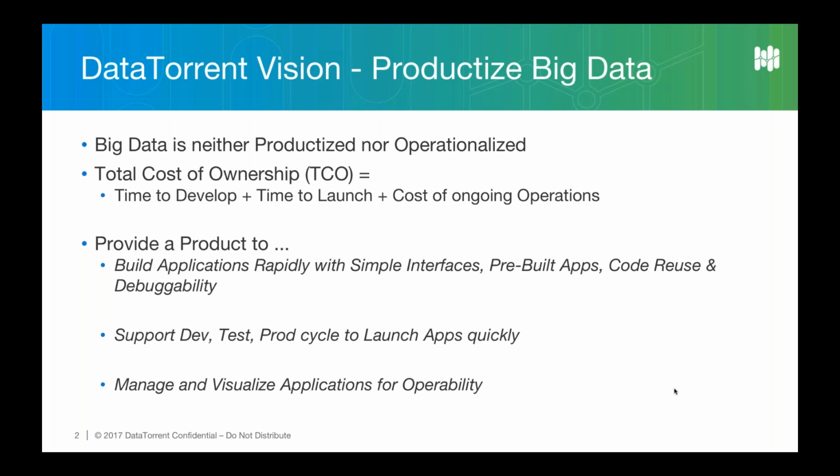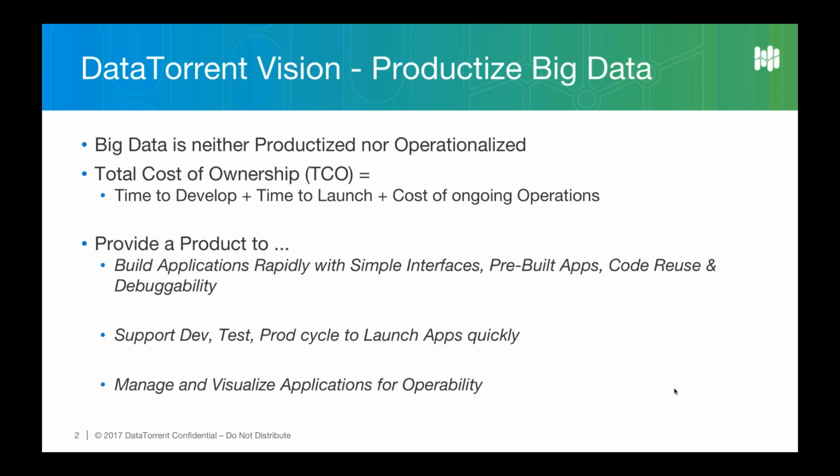So DataTorrent already has a set of products that allow users to build applications and deploy them. The focus is on building applications using simple interfaces. And recently, on top of these tools, what DataTorrent decided to do is create this thing called AppHub, which is a set of pre-built apps.